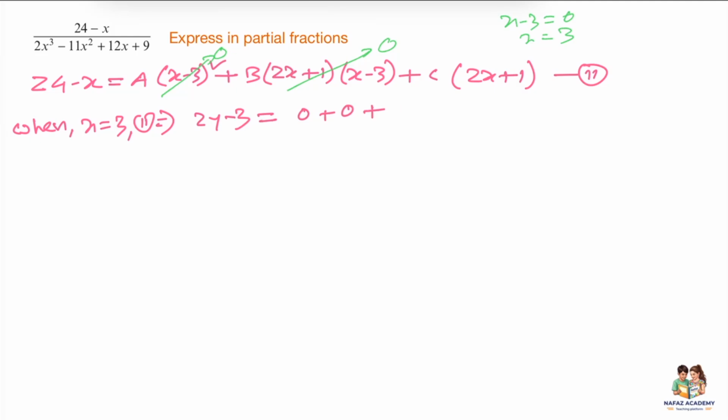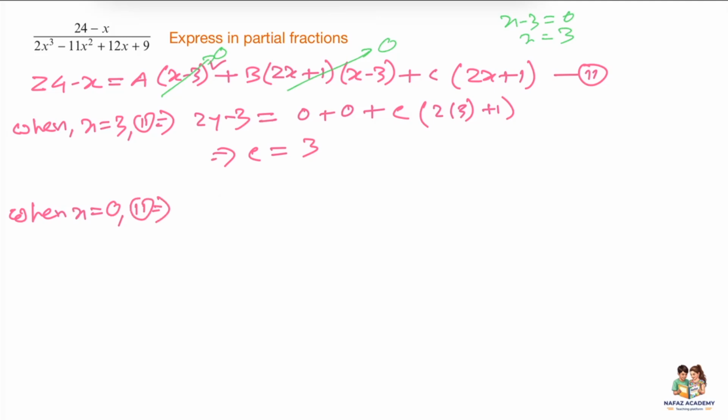So if you put the value of 3 over there, they must be 0. So no need to show the calculation. Just write the 0. What is the value of C? 24 minus 3, it equals 3.